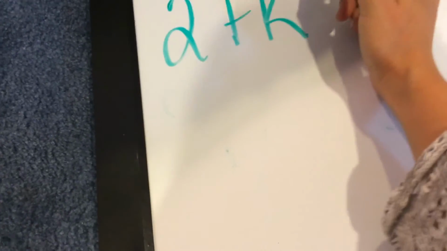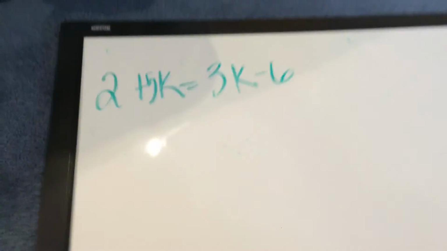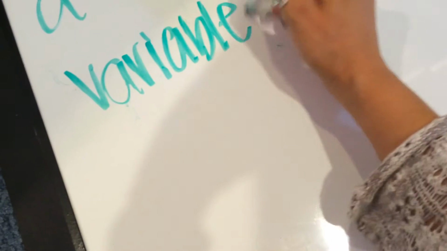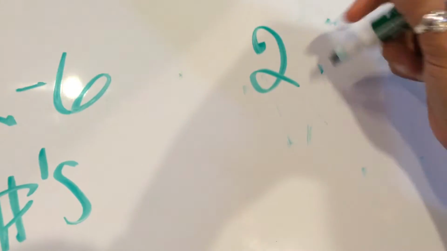2 plus 5k is equal to 3k minus 6. Now here, for this you want variables on one side, and you want just plain old numbers on the other side. So since I wrote that underneath, I'm just going to rewrite it here. 2 plus 5k is equal to 3k minus 6.